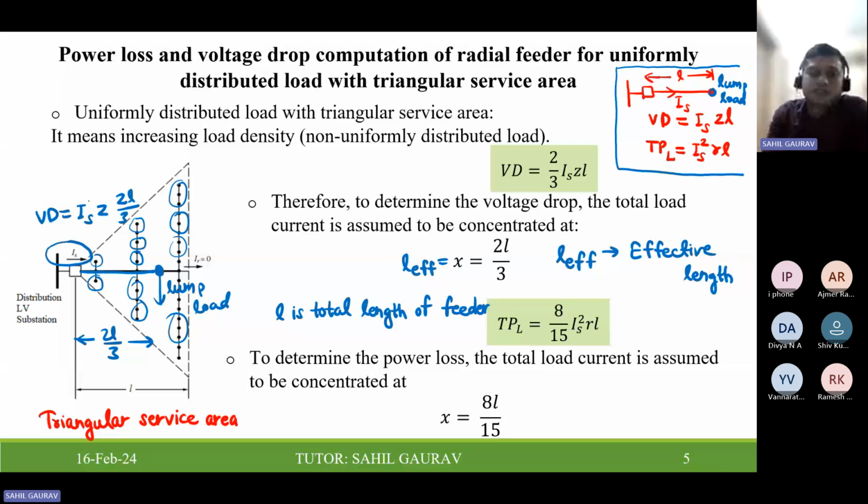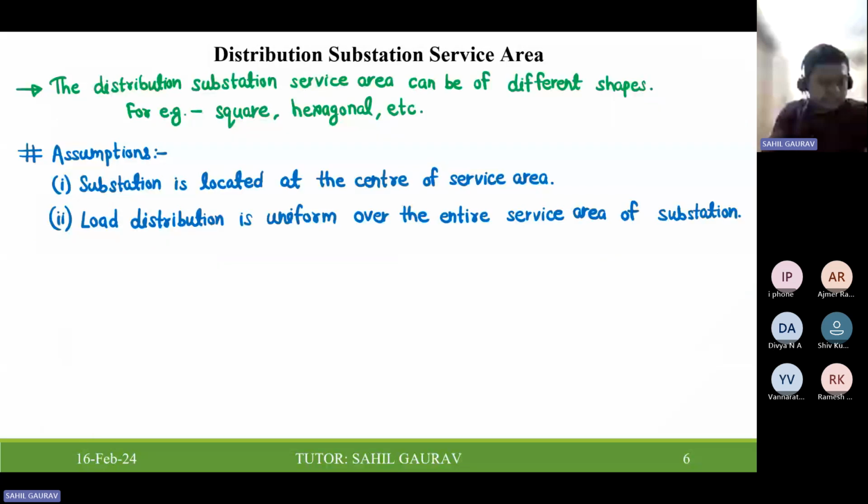Now moving to this distribution substation service area. This distribution substation service area can be of different shapes, and there is mainly focus on two structures, that is a square based substation service area and hexagonal substation service area. So there are some assumptions we have to keep in mind.